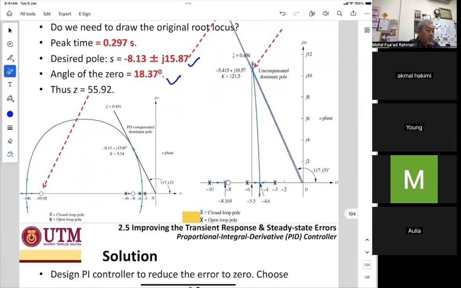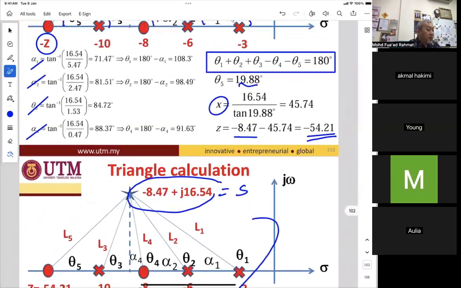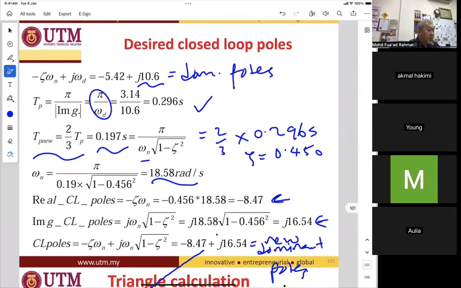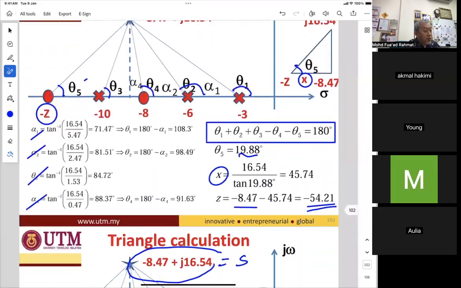So now the transient already improved, from 0.296 second to 0.197. From slow response 0.296 second to fast response 0.197.